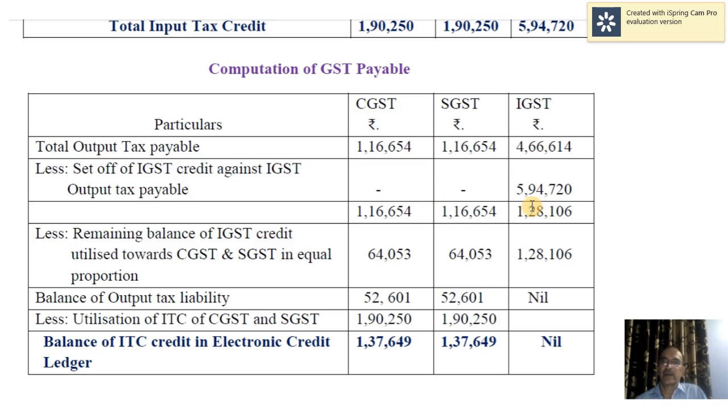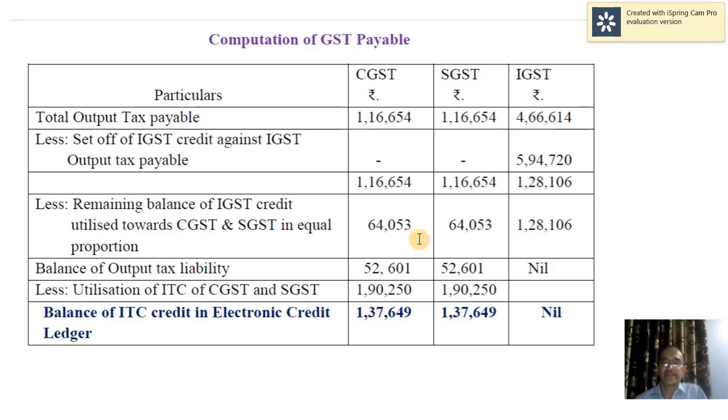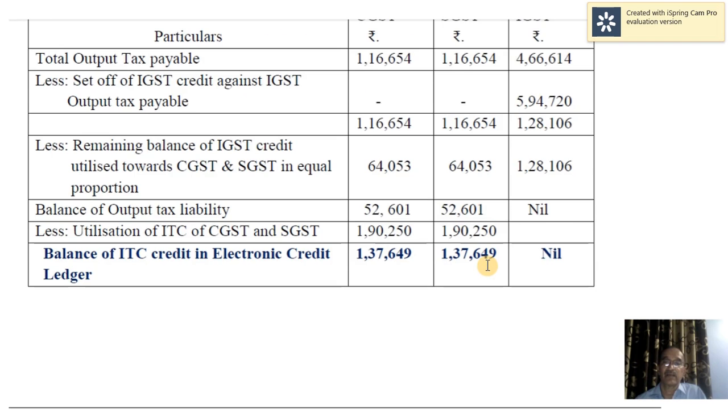Alright, so we are using the entire 1,28,106 towards the payment of CGST and SGST. Okay, after exhausting, the balance of CGST liability and SGST liability are 52,601 and 52,601.